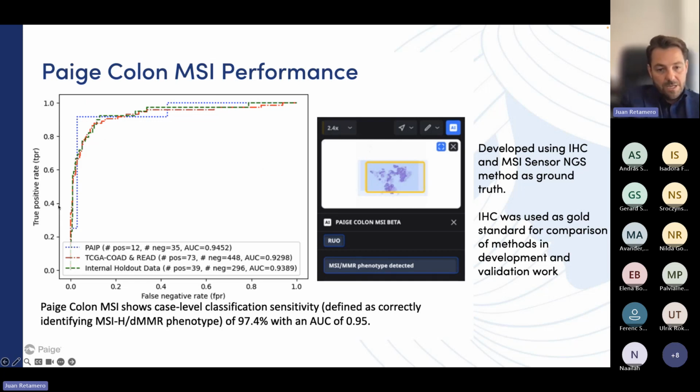It is a tool that has been geared to maximize sensitivity, yielding an overall area under the curve of 0.95. The way in which we developed this tool was using both immunohistochemistry together with NGS data from MSK. So in other words, orthogonal methods combining both immunohistochemistry and molecular NGS data.